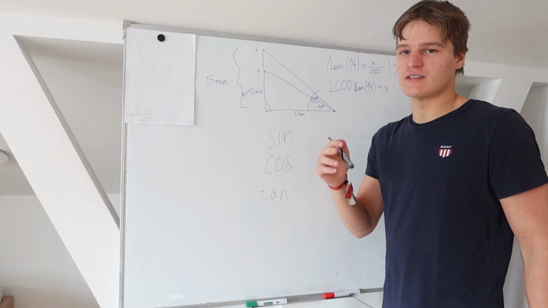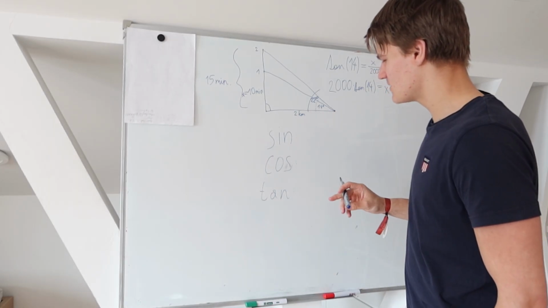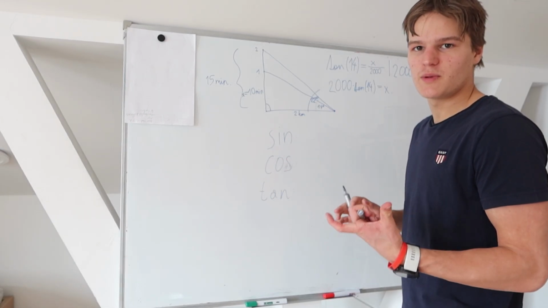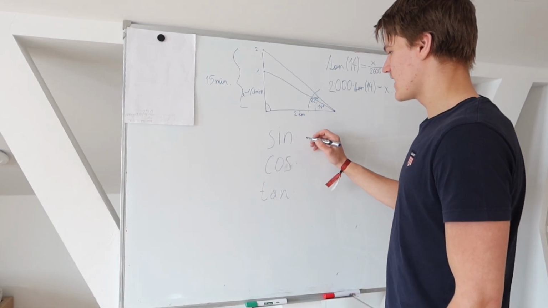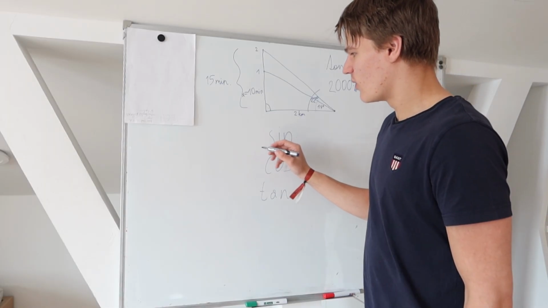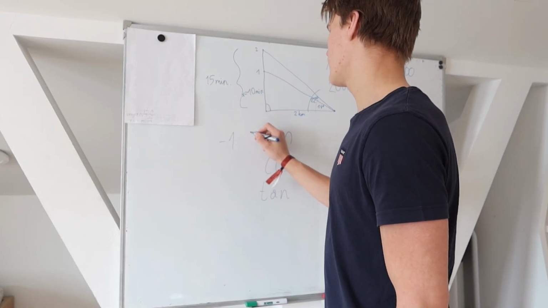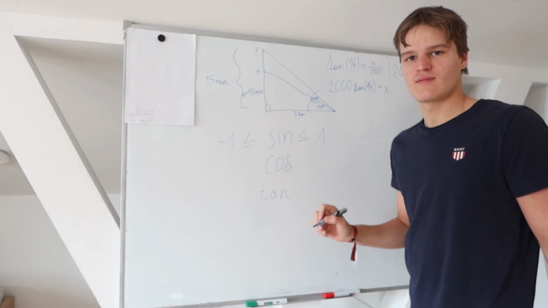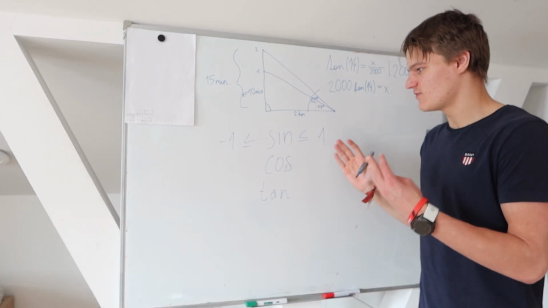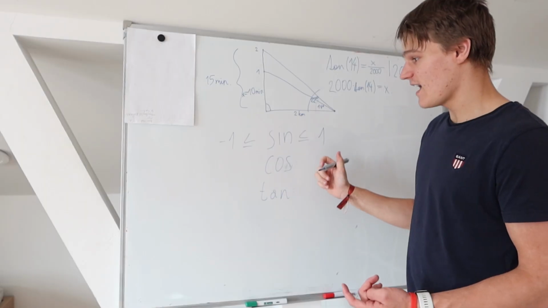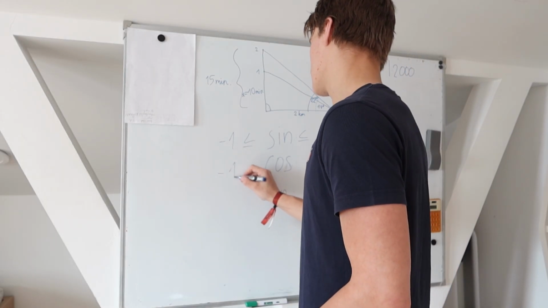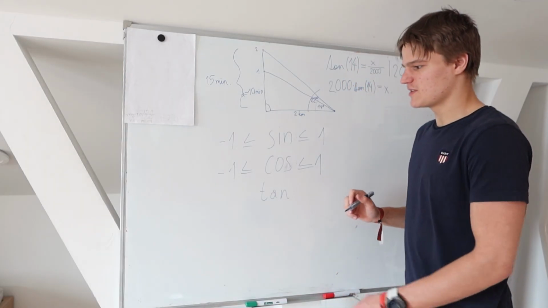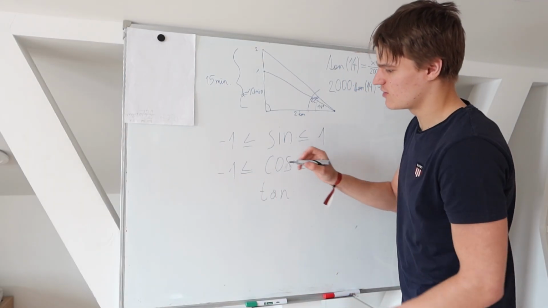So sine and cosine cannot exceed the value of 1, but they can be negative. Sine and cosine can go from -1 to 1.